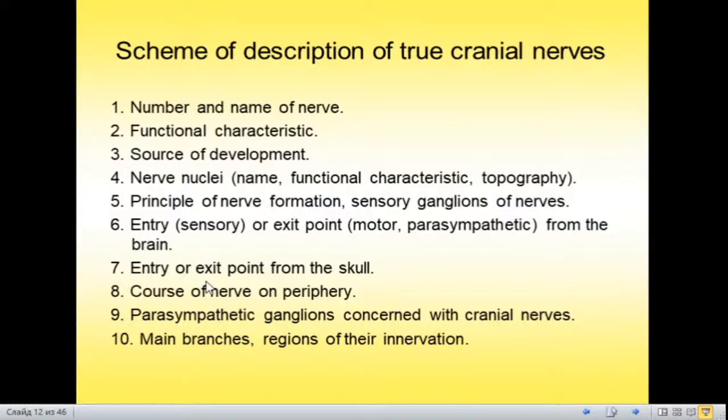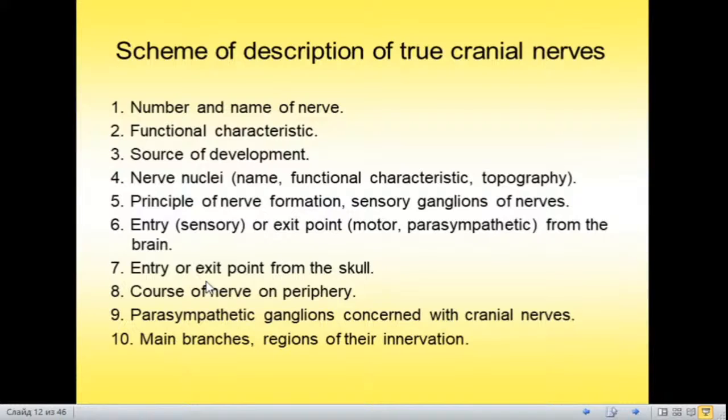Next, you should describe sites of entry or exit from brain, then from skull. After that, you should describe pathway of nerve on periphery, related parasympathetic ganglions if they are present, of course, and after that main branches of nerves and regions of their innervation.